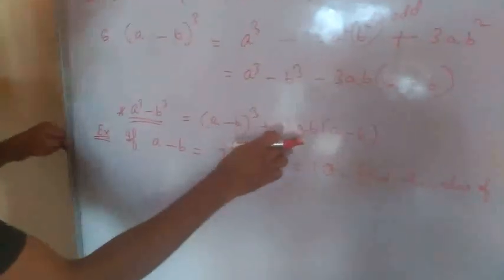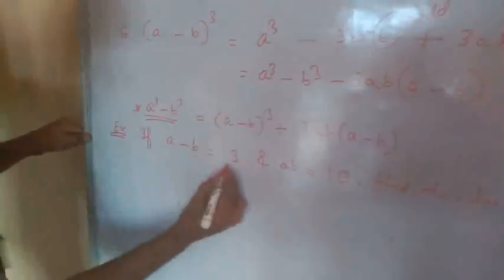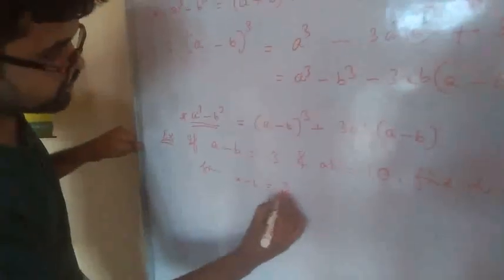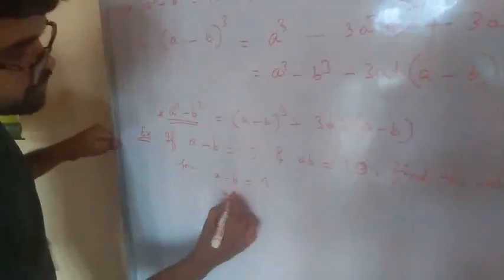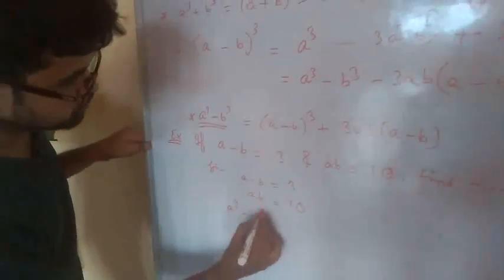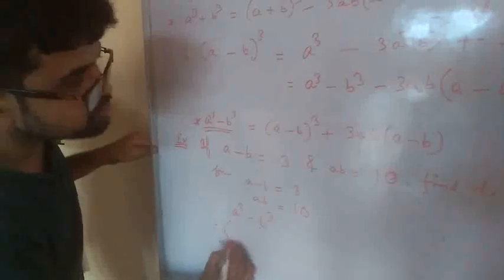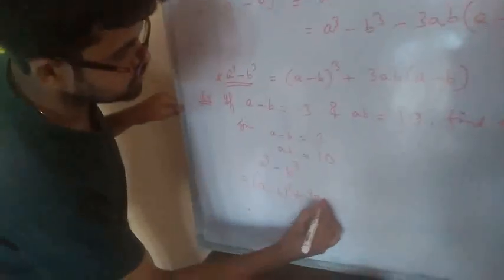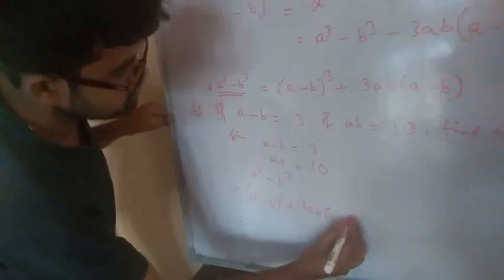Now if you look at this formula, what do we need? a minus b and ab. We are given a minus b equal to 3 and ab equal to 10. So a cube minus b cube will be equal to a minus b whole cube plus thrice ab whole into a minus b.